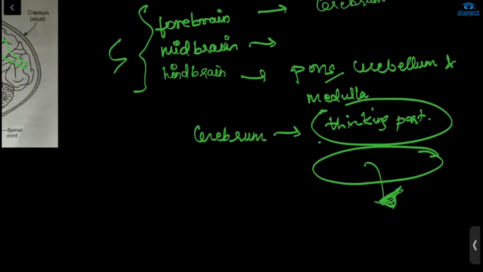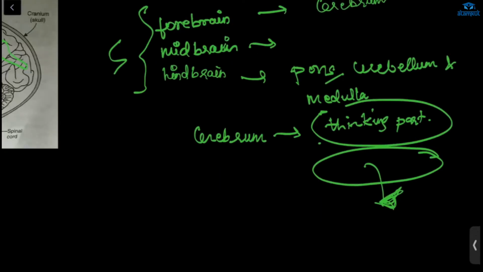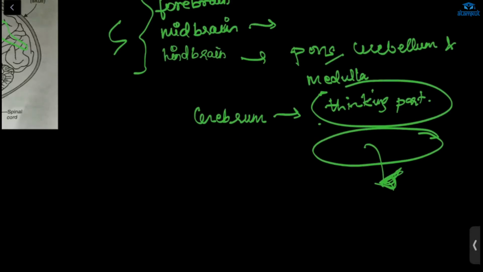And what is that called, what we have learned? The effector, the muscles. They will give the instruction also. So all the voluntary actions are controlled by the cerebrum.